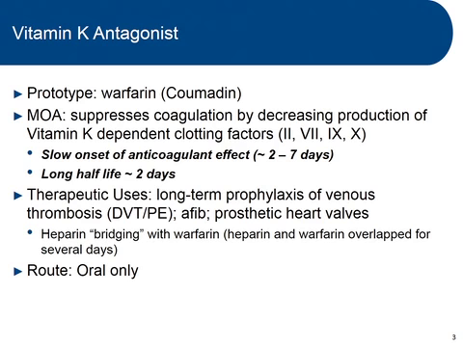So factors 2, 7, 9, and 10 are all vitamin K dependent clotting factors. Warfarin will decrease the activity of those factors by anywhere from 30 to 50%, and that's how it exerts its anticoagulant effect.